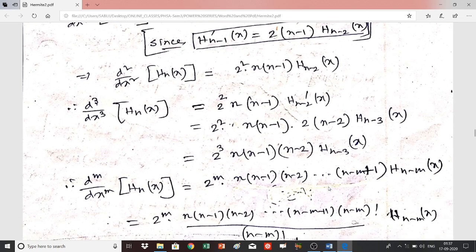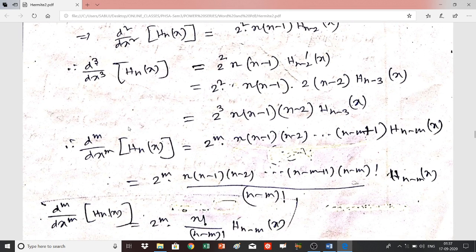So if you now wish to find the value of d^m/dx^m Hn(x), just look at this relation. Here you see that for the third time differentiation, m is equal to 3. Let's compare these two.